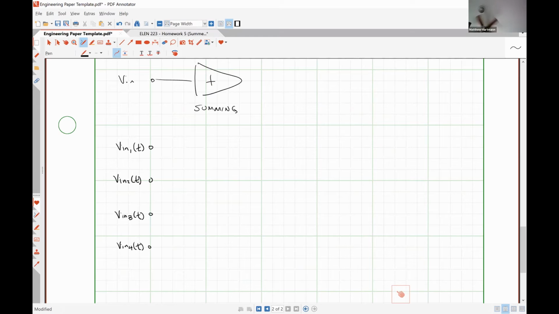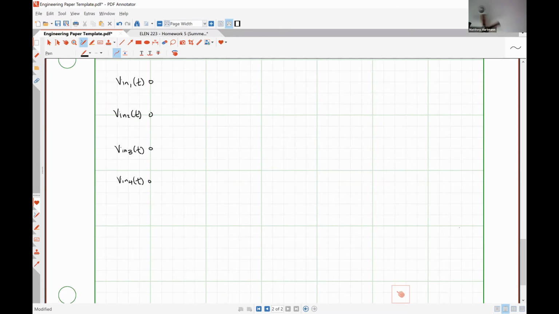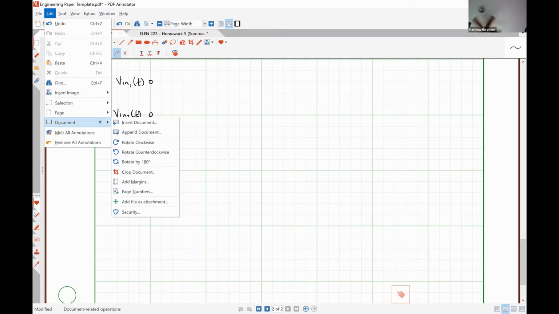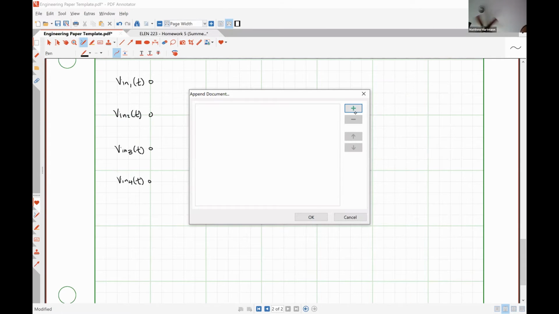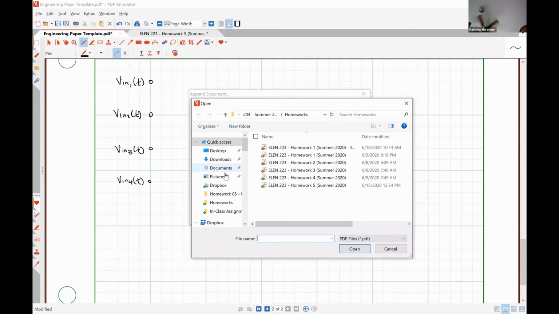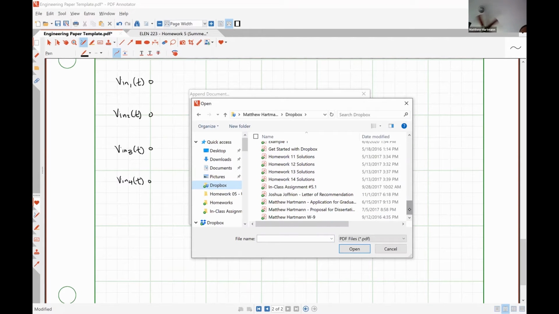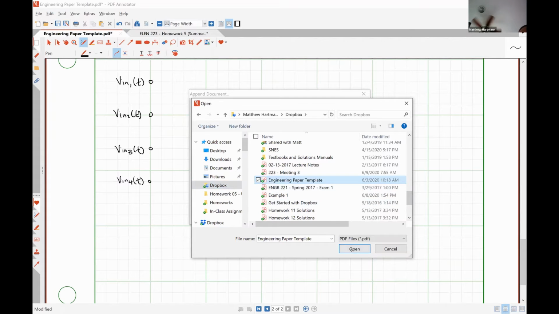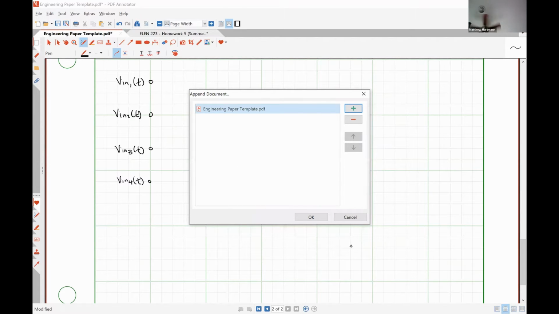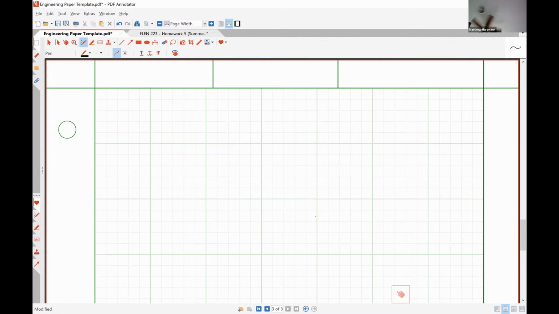So let's go to the next page. For an inverting summing amplifier, I need to add another thing. All right, so an inverting summing amplifier. Oh my gosh, my dogs are going nuts because somebody's honking their horn outside of my house.